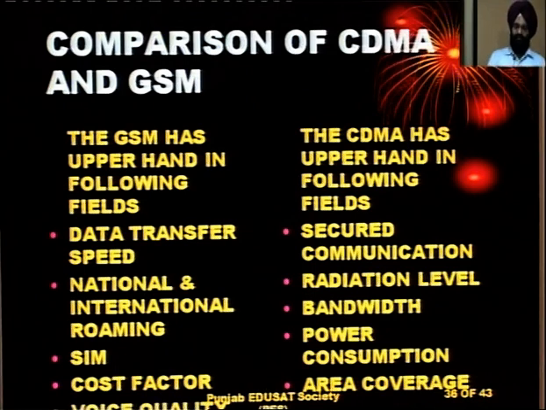It has secured communication due to coding. It is not an open cellular technology, it is a secured communication. Radiation level is good, bandwidth is high, power consumption is very low, and area coverage is very wide. So, if we compare both, some features are good in GSM and some features are good in CDMA.